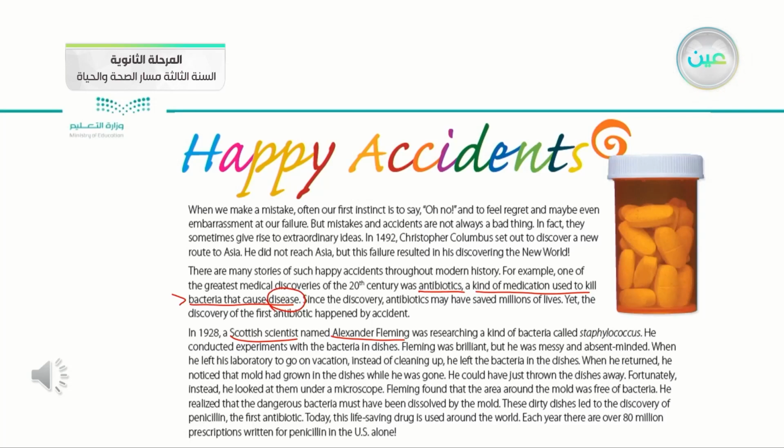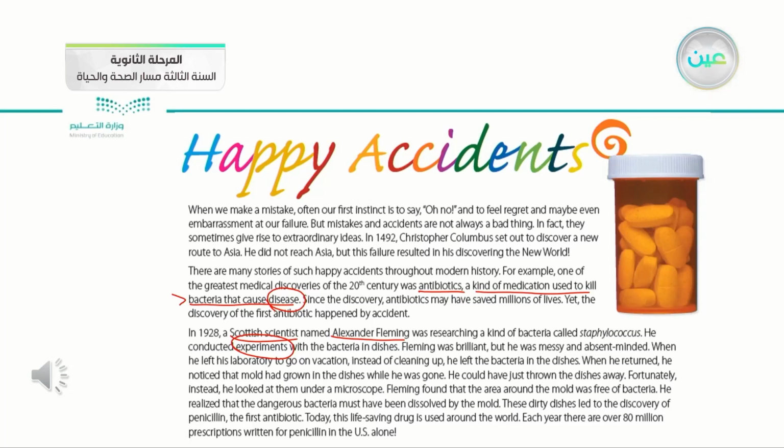After that, we have the word experiments. Each scientist does some experiments in order to prove his hypothesis. For example, he says, I believe something is going to happen if we put A with B. Then he or she does an experiment in order to prove the hypothesis.